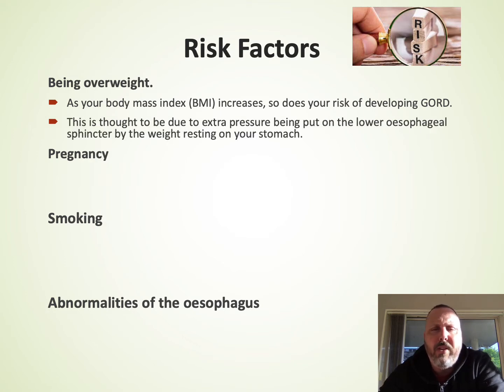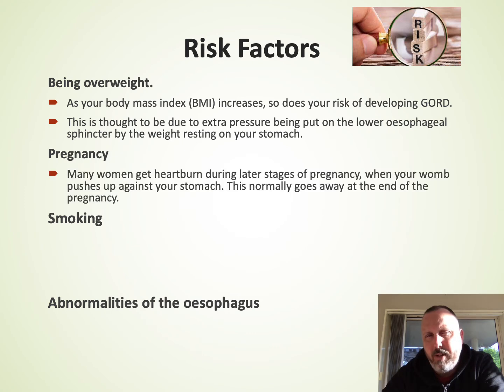It's thought that this is because of the extra mass, the visceral body fat, putting pressure on the internal organs, including your stomach, and putting more pressure on your stomach increases the pressure on that sphincter, which can then cause that reflux. Pregnancy is another mechanical thing that happens. As the baby gets bigger, as the womb increases, the womb presses up on the stomach.